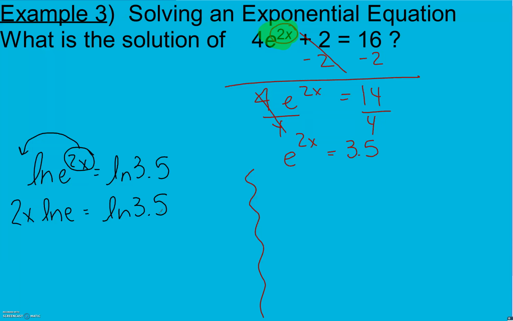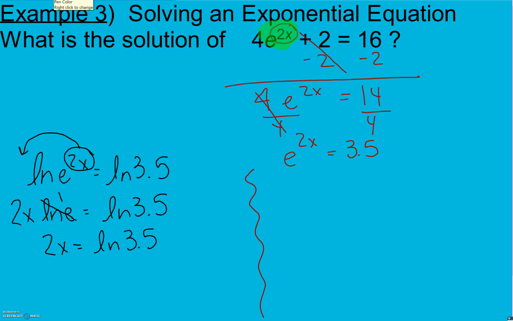And then remember that ln of e is going to be just 1 because this is log base e of e, just 1. We get 2x equals ln of 3.5. So just like with logarithms where we took the log of both sides, we can do that here as well.